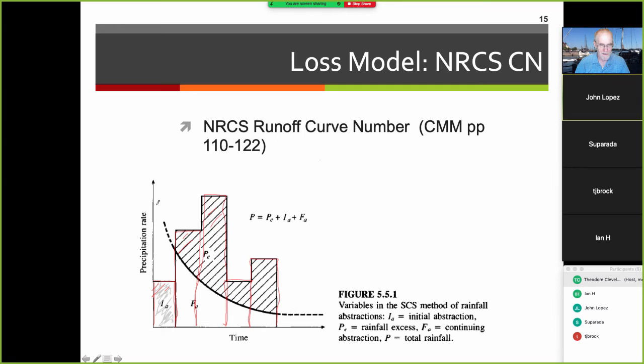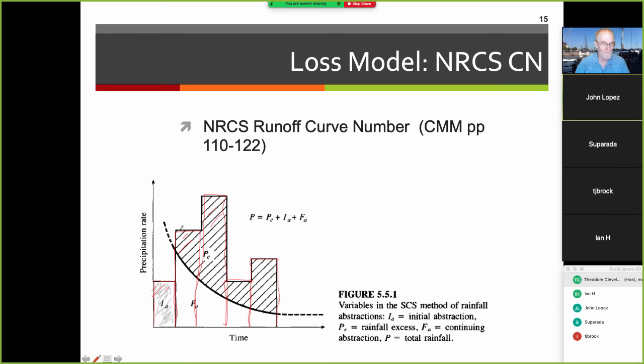Then once the initial abstraction portion is satisfied, infiltration begins, and that's called the continuing abstraction component. And in the SCS method, if the rainfall is greater than the abstraction component, what's left is the excess.